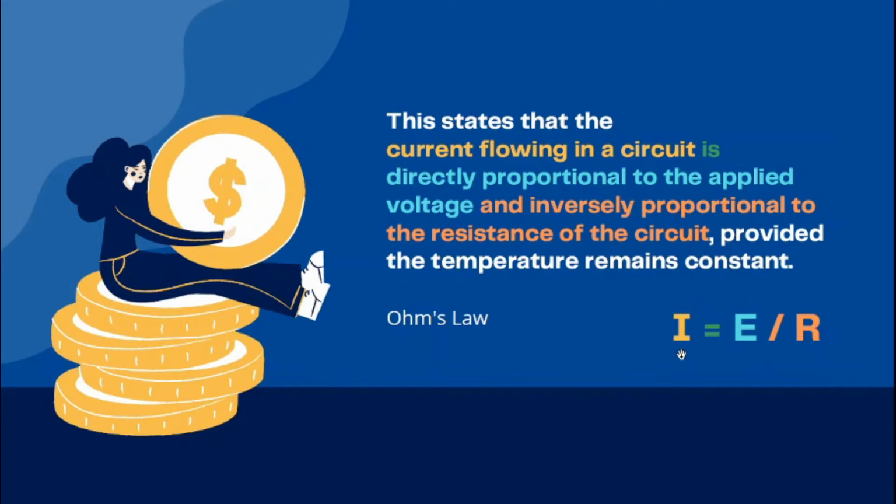So yan. Kaya class, kung mapapansin ninyo dito, we have current flowing in a circuit, that is this variable na I. Okay? Ito namang directly proportional to the applied voltage, yan yung blue dito, represented by the variable E. And then inversely proportional to the resistance, this is actually represented by the variable R, such that this Ohm's law can be converted into this equation na I is equal to E divided by R, where the current is equal to voltage divided by the resistance.